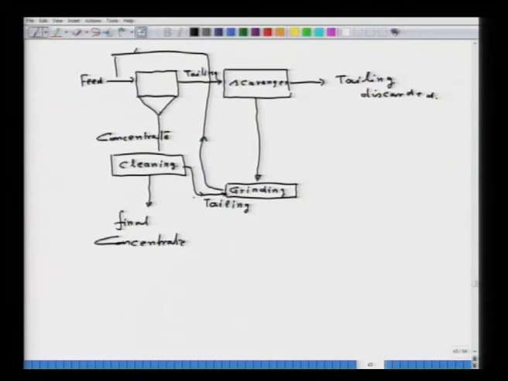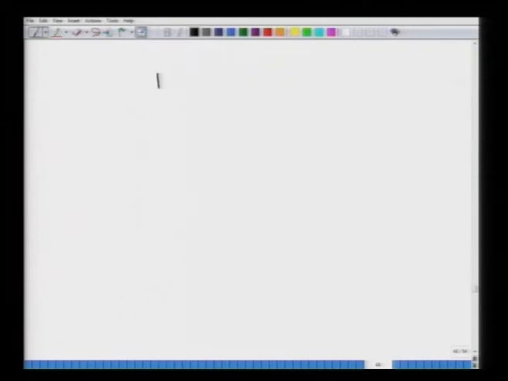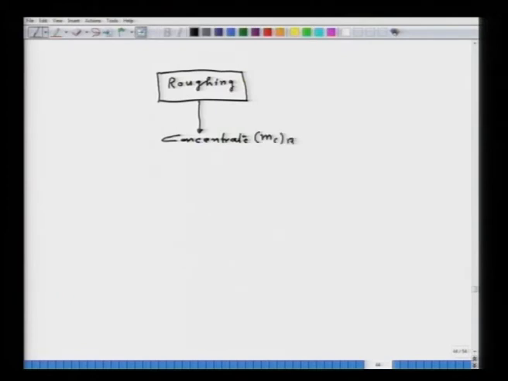So, in the problem, what is given is that you have a roughing operation, and here the concentrate, let us say concentrate MCR, enters into the cleaner.